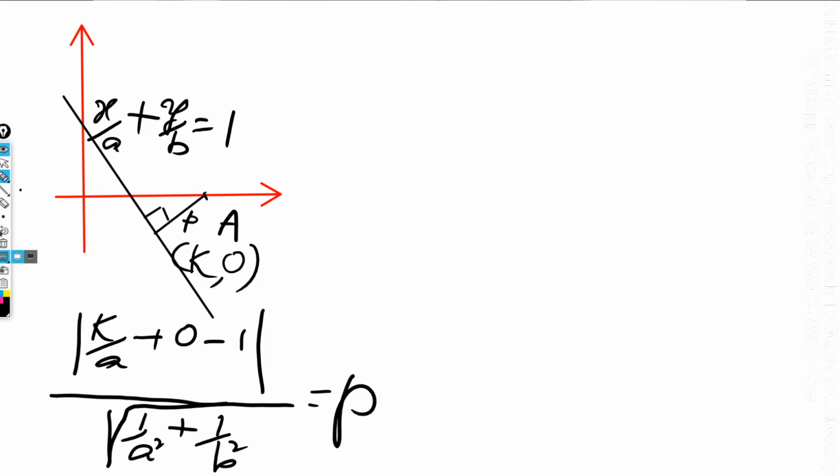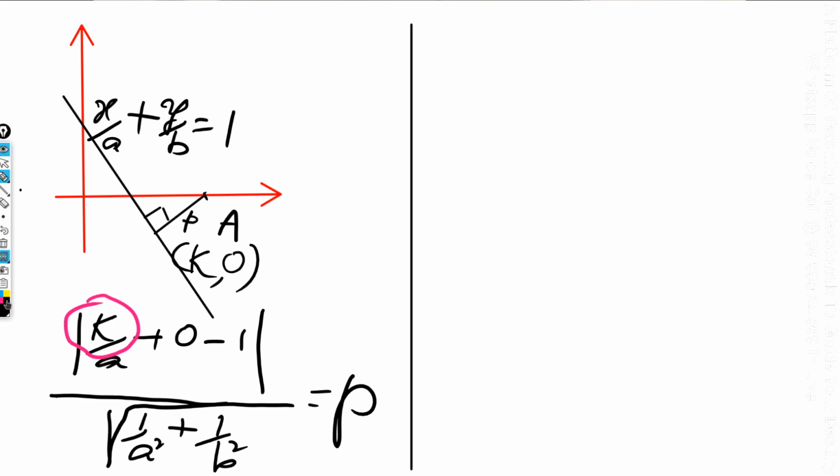It is already declared that the distance is P. Now, you have to get the value of K because we need the point. This K is to be found out.